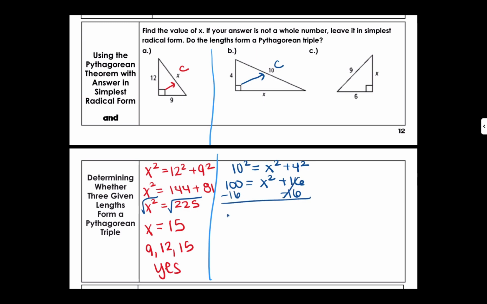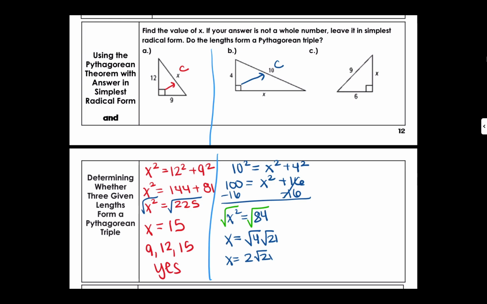We get, I'm going to flip it around, x squared equals 84. Take the square root of both sides. We get x equals, okay, 84 is not a perfect square, but we can break that down into the square root of 4 times the square root of 21. So x is 2 square roots of 21.